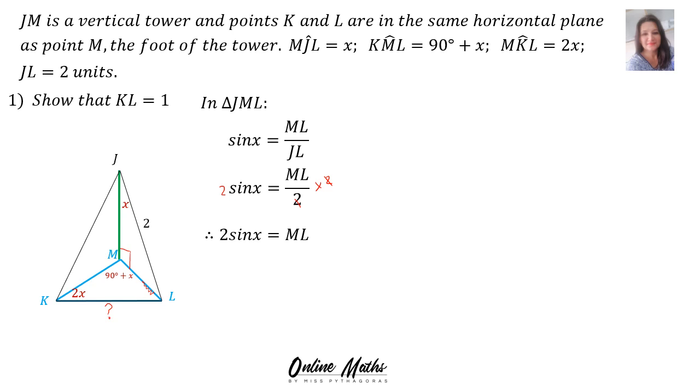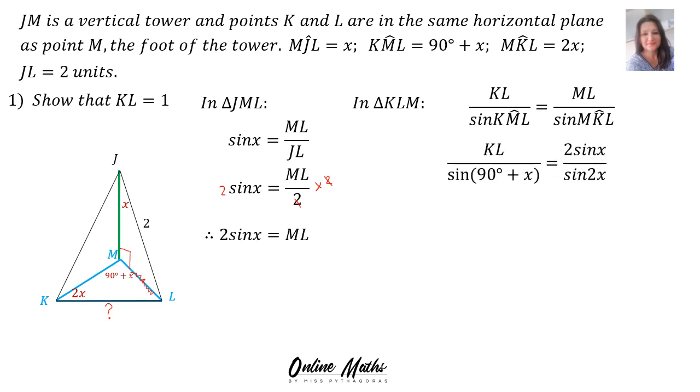So now we have the link between the two triangles, and we can move over to triangle KML so that we can find KL. Now in triangle KLM, since it's not a right-angle triangle, we can use the sine rule. And we can say KL over sin of angle KML is equal to ML over the sin of angle MKL.